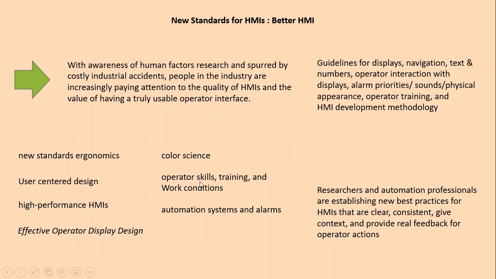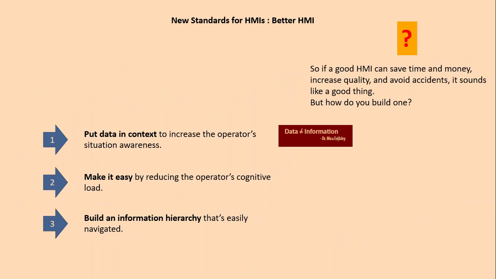Also, the operator has to be trained to operate the HMI, and finally the automation system and the alarms, how they inform the operator to take action. So I would say these 3 important points to design a better HMI or SCADA graphical user interface. These vital 3 points are to be remembered when designing any HMI or SCADA.